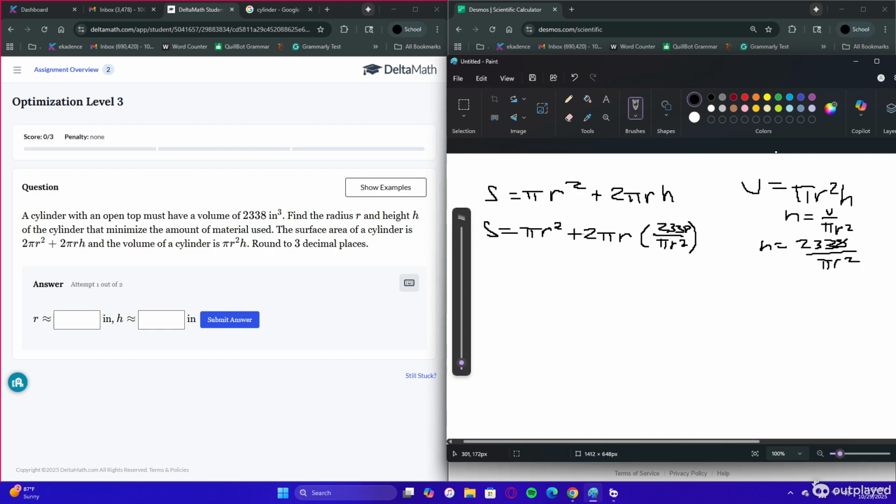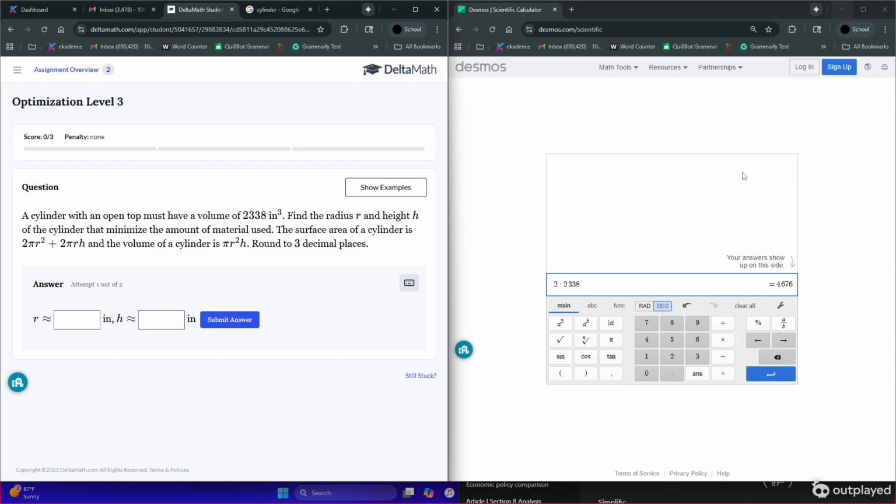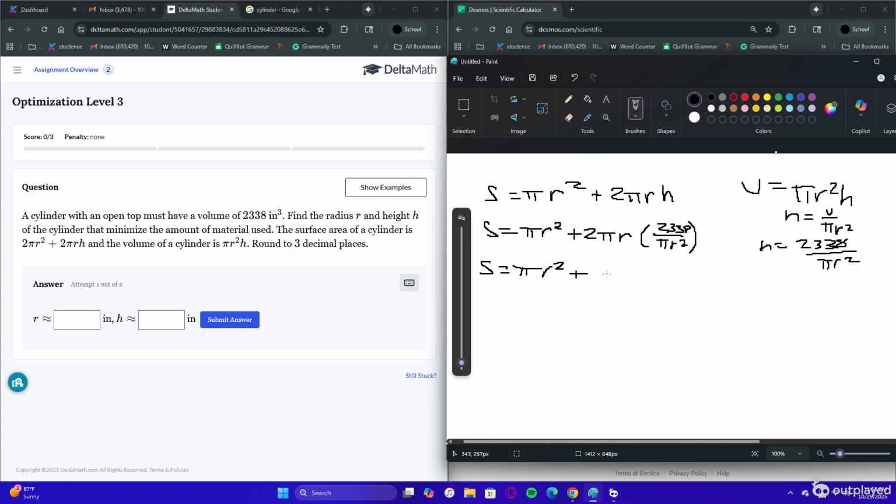And simplifying this out, the pi r here cancels with one pi r there, so we get s equals pi r squared plus 2 times 2,338, which is 4676, and that would look like this: 4676, 2 times that, and then one pi r cancels.